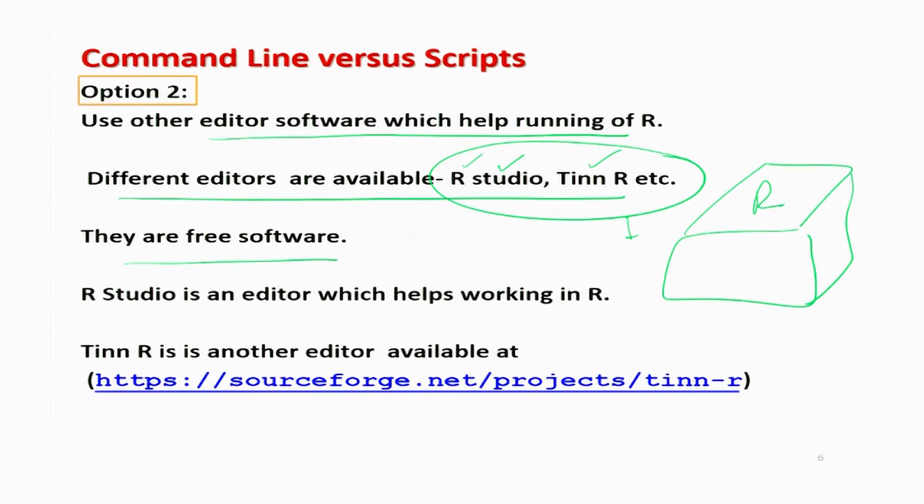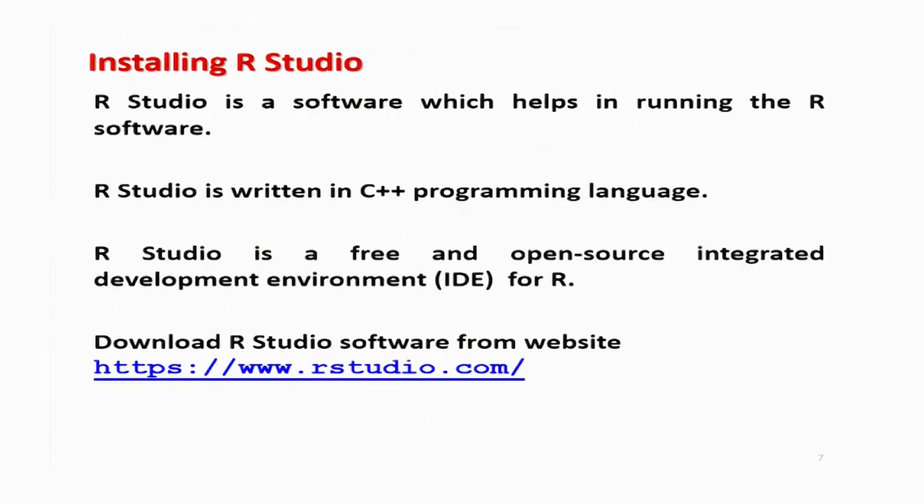If you want to download the TINN-R software, you can go to this website and download it. This is a free software. Similarly, if you want the RStudio software, you can go to www.rstudio.com.